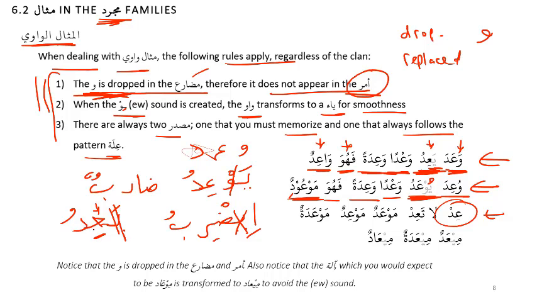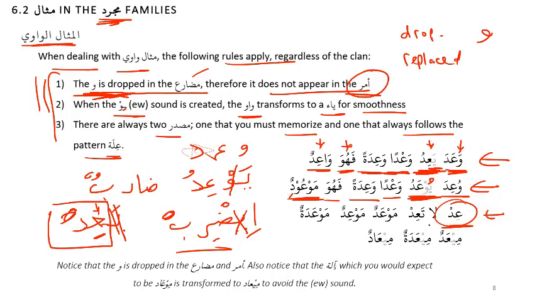It has a kasra, so I don't need to add an alif because this doesn't have a sukoon. So it is id. And with making a command, the last letter becomes jazm. All the things I'm saying here are things we've seen earlier. So yadribu becomes idrib, and ya'idu becomes id.